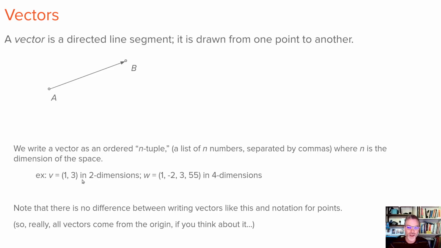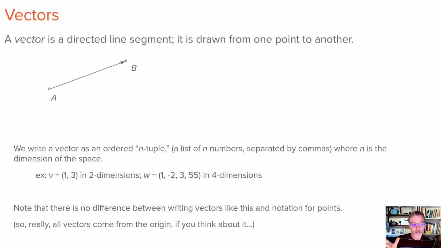Okay? And for my money, there's no real difference between vectors and points. The real difference is a conceptual one. We want to think of forces, for example, as having a direction and a magnitude. And that's where vectors come in. But practically, mathematically, these work the same way as points. So I don't distinguish them because they work really the same way.